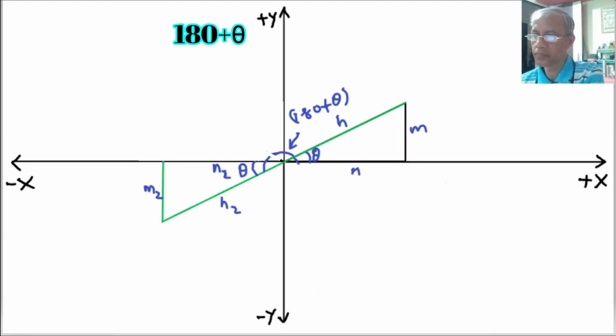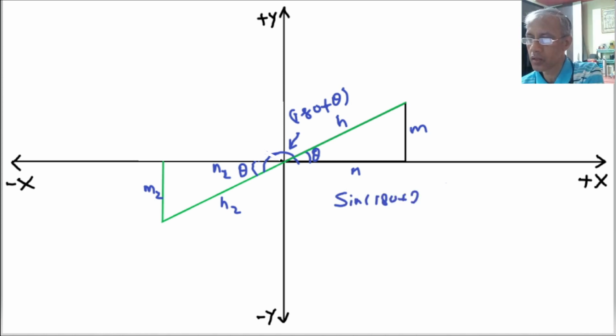For the triangle, after being rotated by 180 degrees from the original position, the new hypotenuse is h2. So sine of 180 plus theta will be equal to minus m by h.